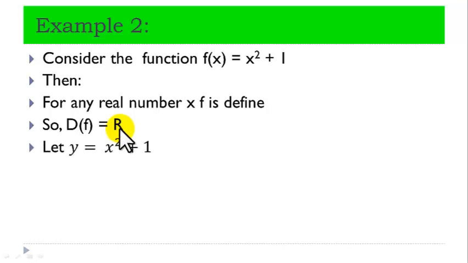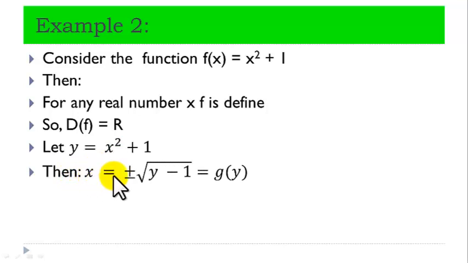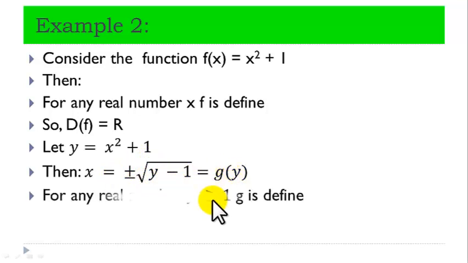To find the range of f, we set y equal to x squared plus 1 and then make x the subject of formula. That is, x is equal to plus or minus the square root of y minus 1. This is a function of y. For any real number y which is greater than or equal to 1, this function g is defined.